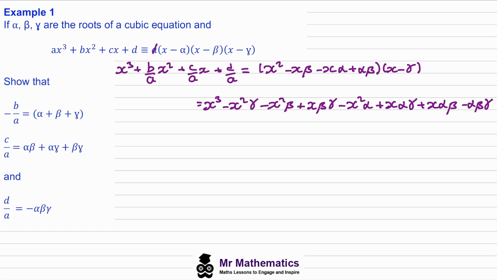And at this point, I'm going to highlight the x squared terms. I'll also highlight the x terms. So we have x cubed plus b over a x squared plus c over a x plus d over a will be equal to, we'll factor out this negative x squared term, and then we'll multiply this by alpha plus beta plus gamma.